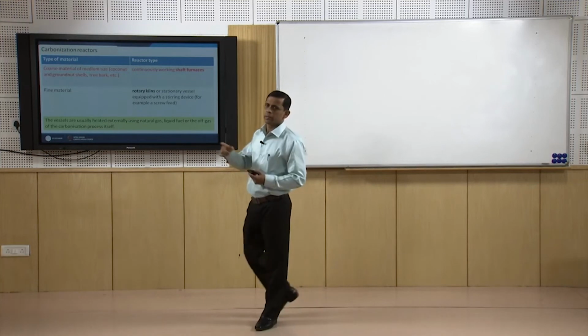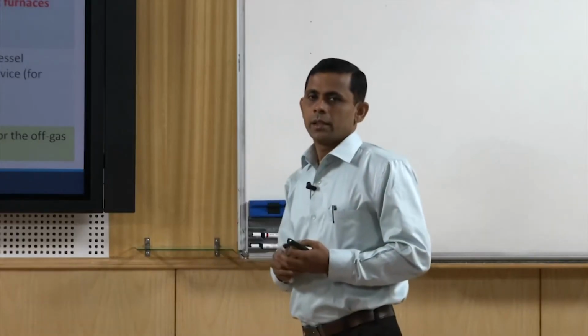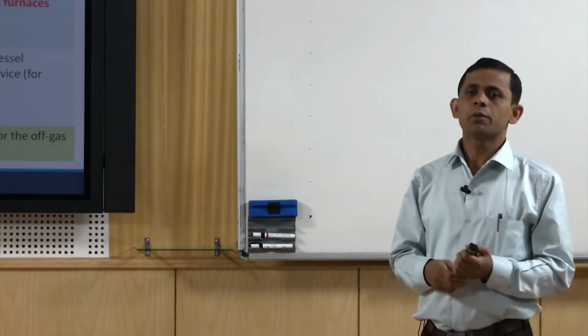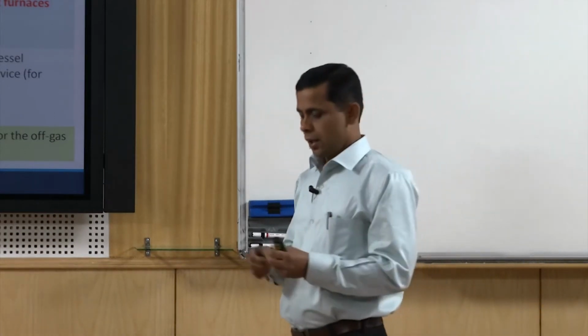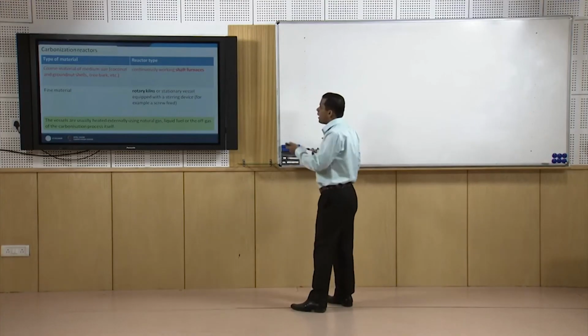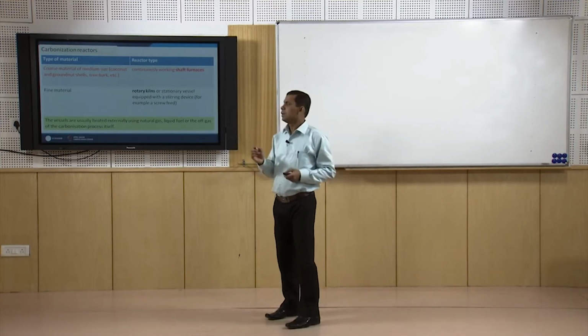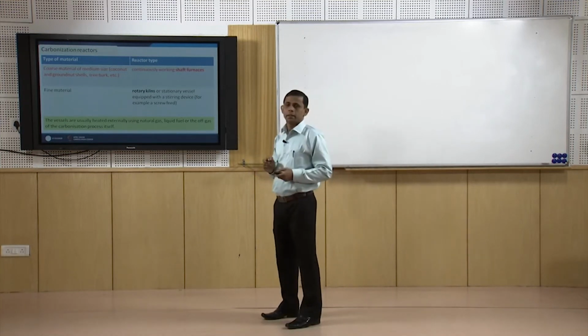Just now we have discussed in the previous part of this module that carbonization is necessary to improve the fuel quality of the briquettes, and for this purpose we have basically two types of reactor depending upon the type of the material.